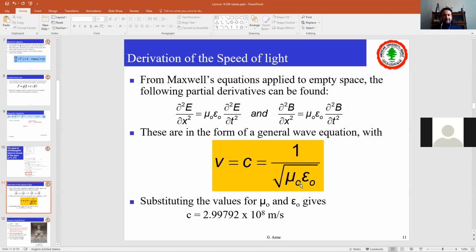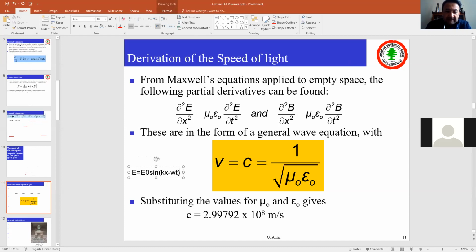So what I'm trying to say is that, and we will come back to the exact form of the solution, the solution of this can have the form E equal to E0 sine of kx minus omega t. That's the general form for this equation here.